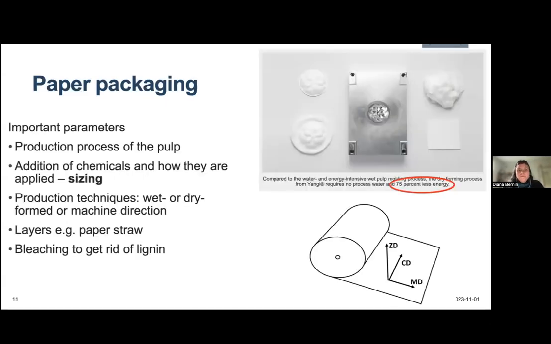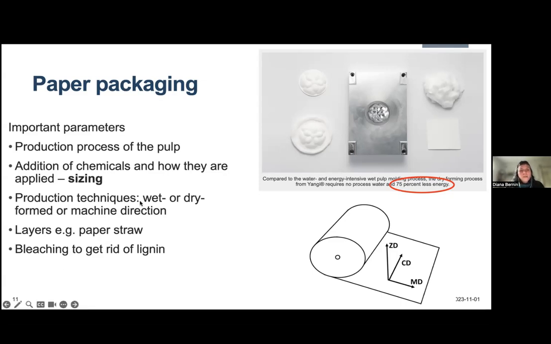So paper packaging, for those that do not work in this industry, there are many, many parameters that impact a paper, how it behaves and how it takes up water. Now we have to replace all the plastic packaging with paper. And for this, we have to make a rather hydrophilic product into a hydrophobic one.